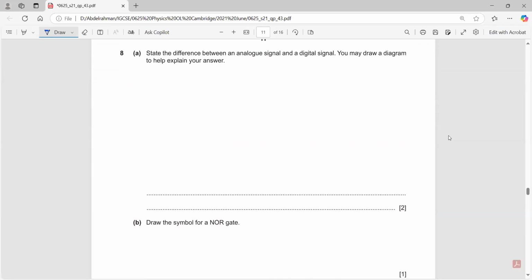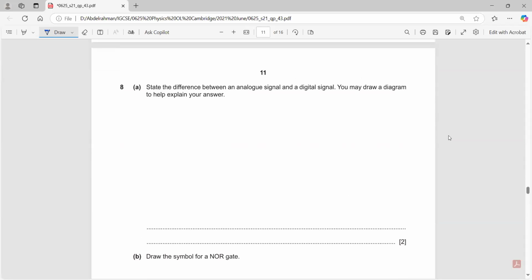Question 8. A. State the difference between an analog signal and a digital signal. Difference between analog and digital. How can I draw the diagram? For example, a digital signal would have only values of 1 or 0, so it's either 1 or 0. That's it.